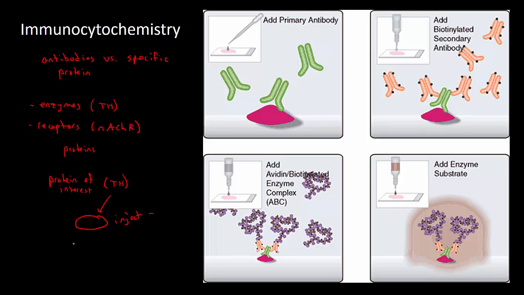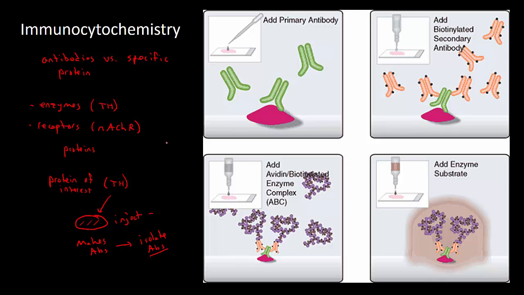It thinks it's foreign, so now it makes antibodies. I can then isolate the antibodies. Now I have antibodies from my animal against tyrosine hydroxylase.